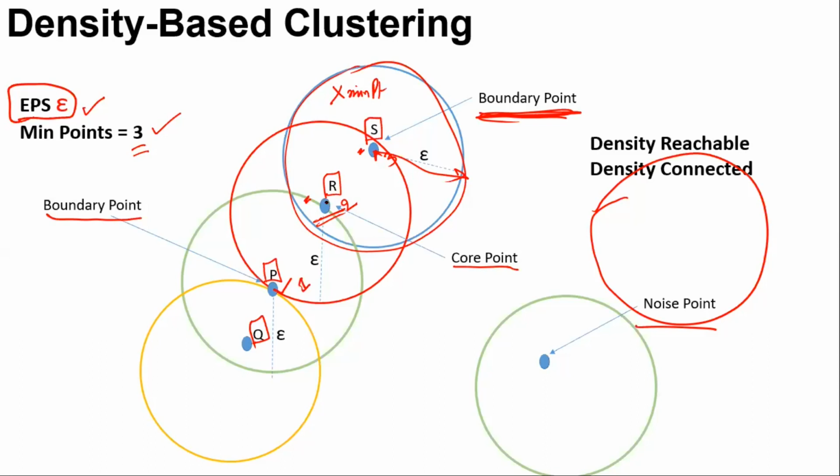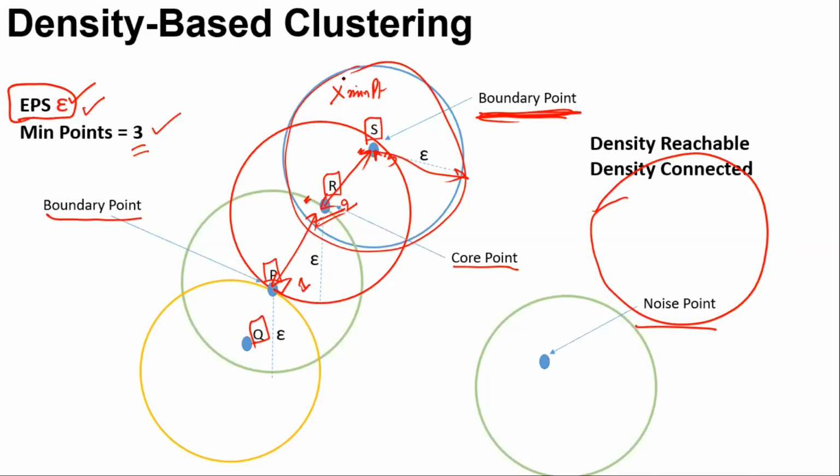Because the distance between R and S is less than or equal to epsilon. Will you agree with me? That is the reason S and R fall in the same circle.